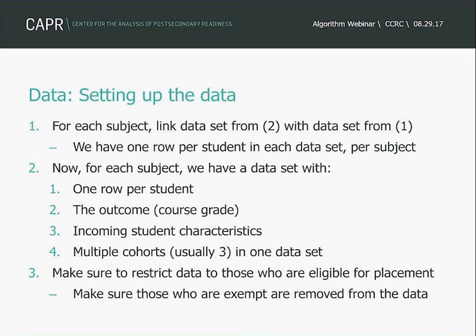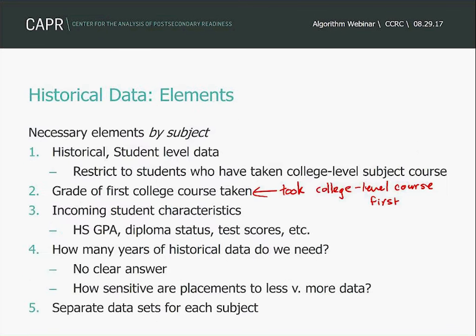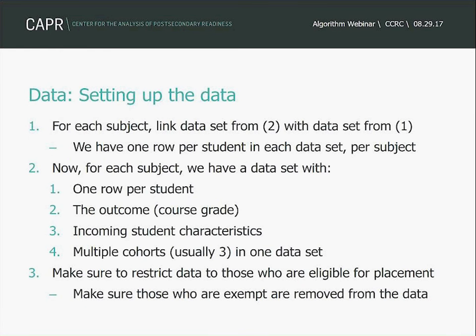We usually received a couple of data sets. Often we would receive one data set which was the transcript information for each student. So we would have every course that students took once they were enrolled in college, all of the grades for those courses, and what the subject titles were so that we could identify which was the first college level course that they took.